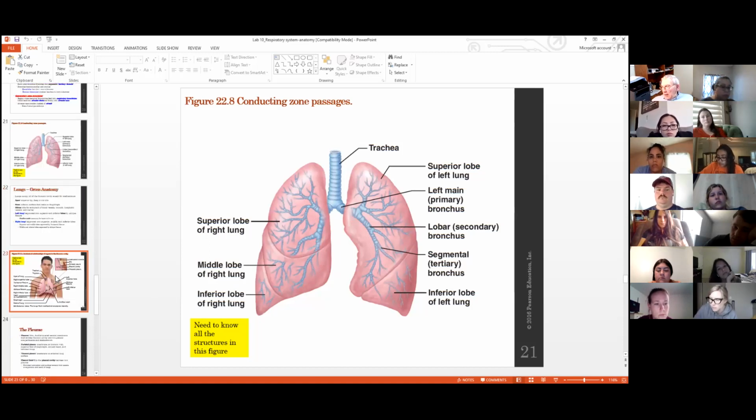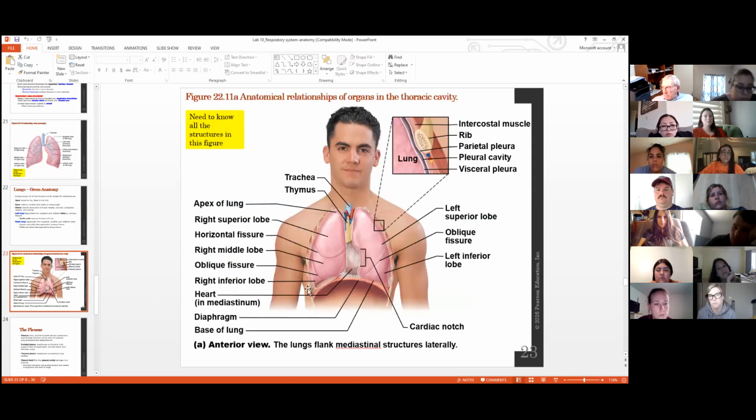Number 23 up here in this diagram shows you the layers of the lung tissue, but I have another drawing that's probably better. So I probably won't use this drawing. And the only thing I would want this for is for these layers to show the parietal and visceral pleura. You do need to know those.